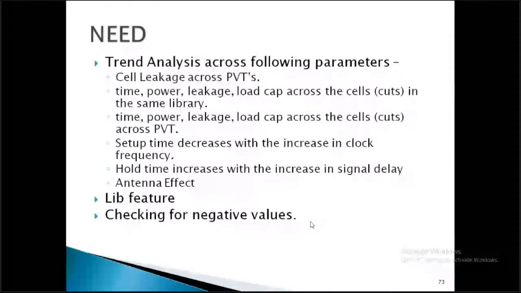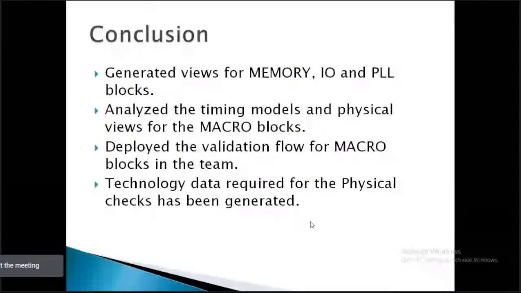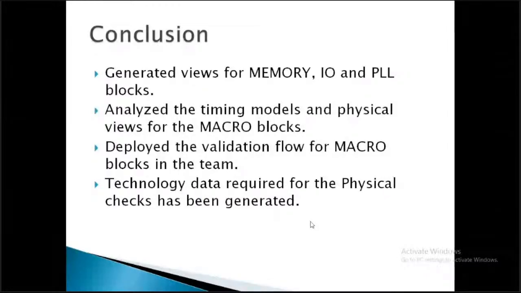So in conclusion, we can say we use different kinds of views, different validation methodologies, different types of technology data required, and checks we needed. Then after that only our final chip gets created. So you all should try to understand the RTL to GDS flow.